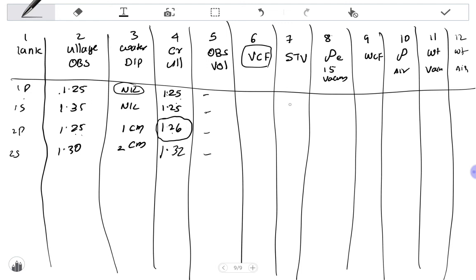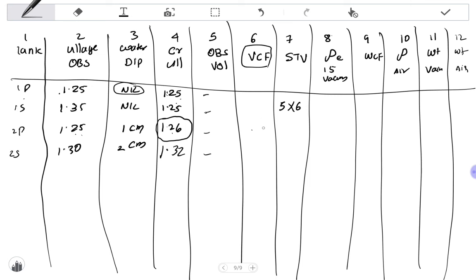That is, to get a standard volume you have to multiply 5 into 6. Okay, observed volume multiplied by VCF. VCF for different cargo and different density will be different. If it is a product tanker and different tanks have different cargo, then it will be different.